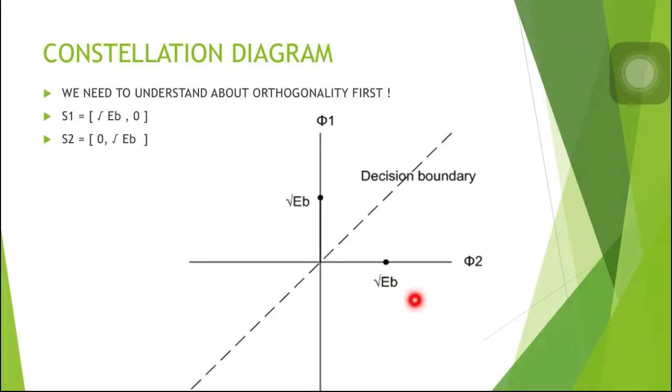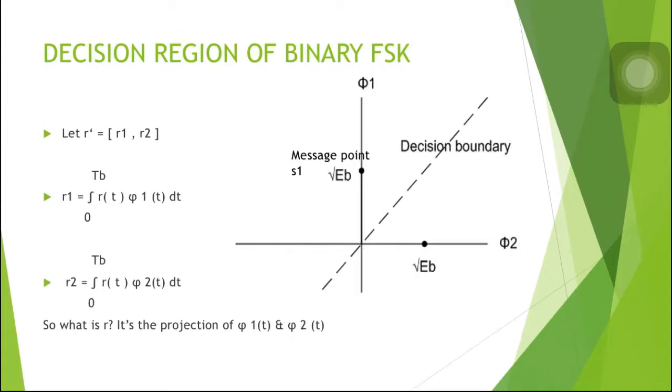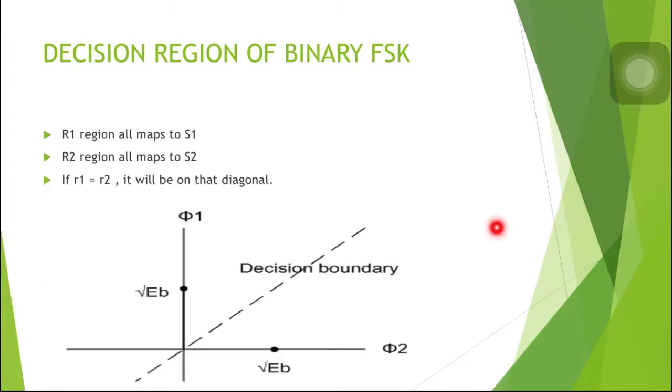The two points are root Eb comma 0 and 0 comma root Eb. These are the two signals, and this is the region of each signal. When something falls in this R1 region, it comes to this message point, and when something falls in the other region, it comes to message point S2. What are R1 and R2? They are the projections on phi 1 and phi 2.